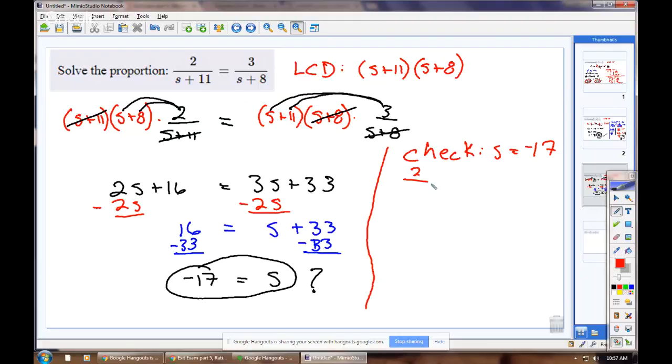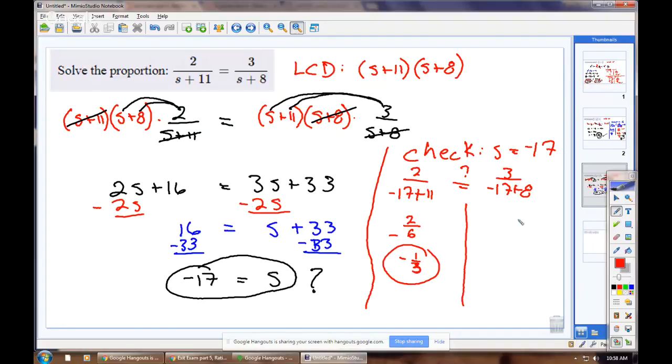So that would be 2 over negative 17 plus 11 is supposed to equal 3 over negative 17 plus 8. All right, negative 17 plus 11 would be a negative 6. So I get 2 over negative 6, which is negative 1/3. So 3, believe it or not, better.